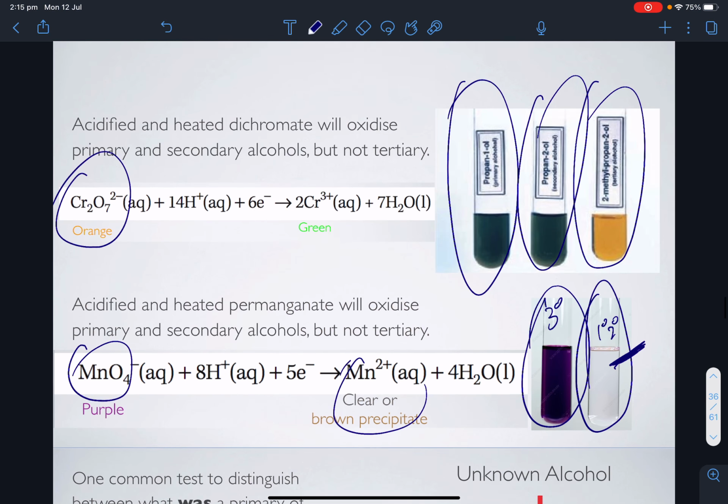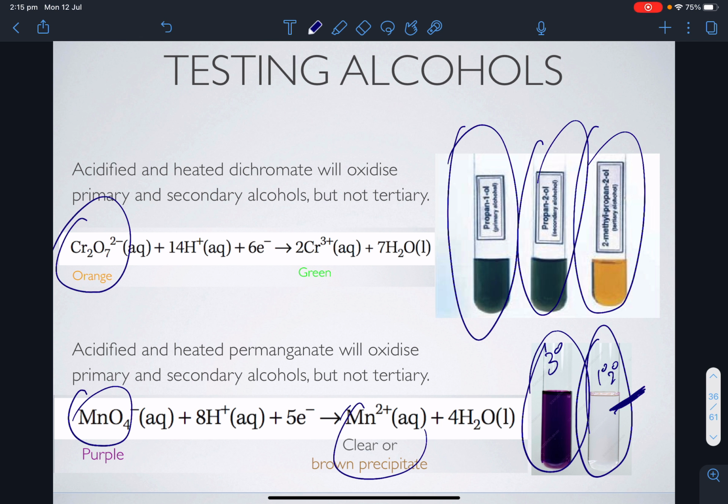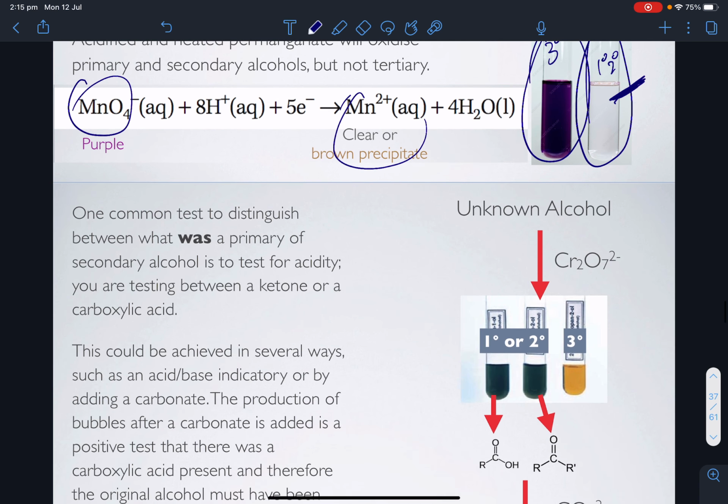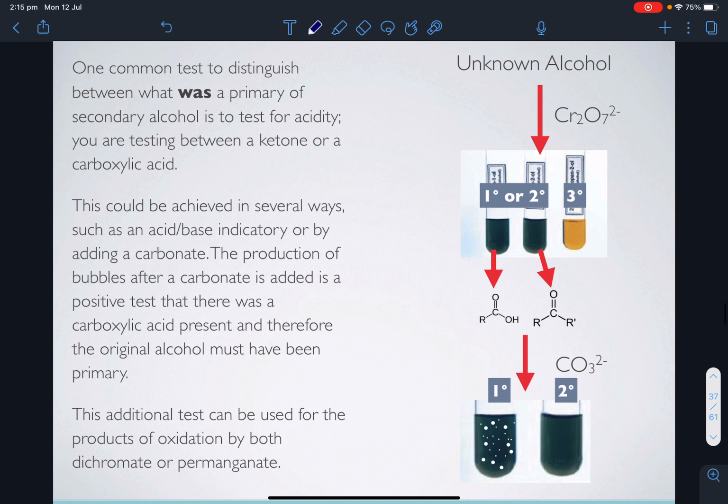One problem that you might be saying is, well, how do I distinguish whether it was primary or secondary? I can know for sure using this test if it was tertiary, but I don't know for sure if it was primary or secondary. What you can do then is one little extra test. If you had a primary or secondary alcohol and you oxidized it, you've either got a ketone or a carboxylic acid.